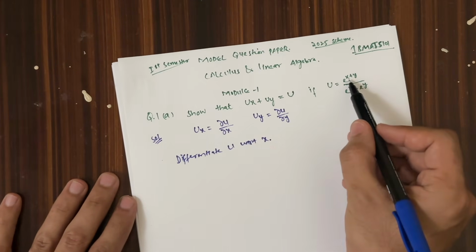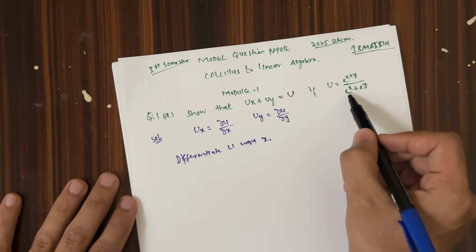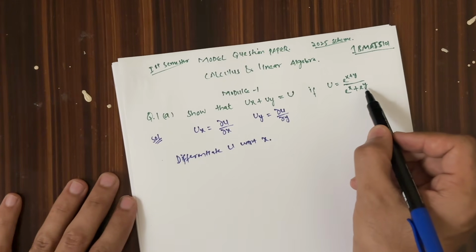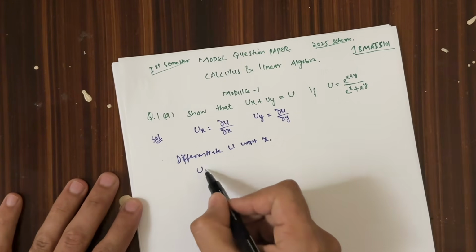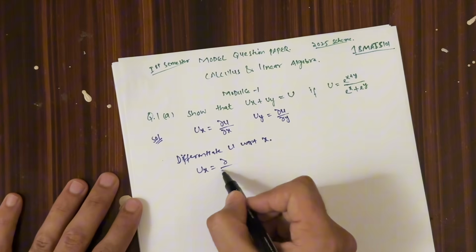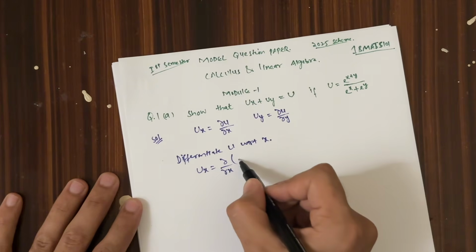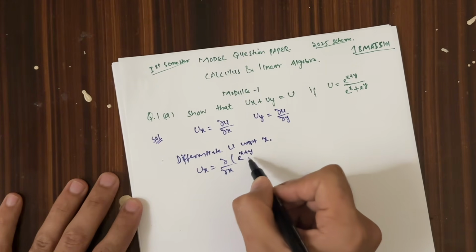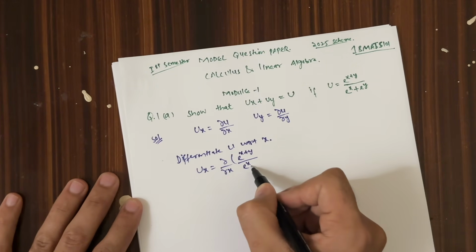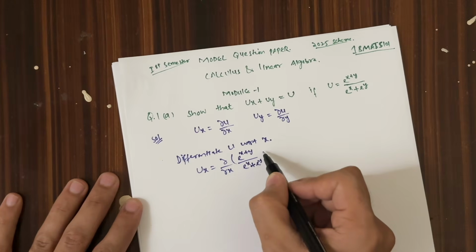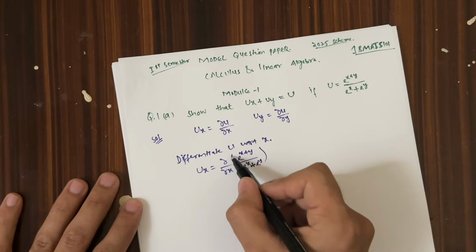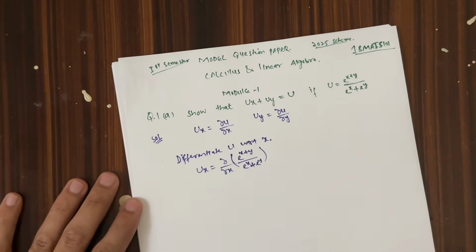What is the u value? This e power x plus y divided by e power x plus e power y, means we will take this term ux is equal to dou by dou x of u, the value of u is given, that is e power x plus y divided by e power x plus e power y. This is the differentiation of u with respect to x we have to do.